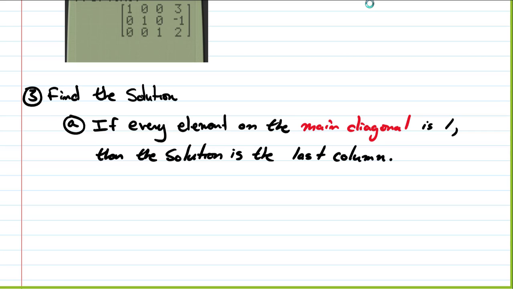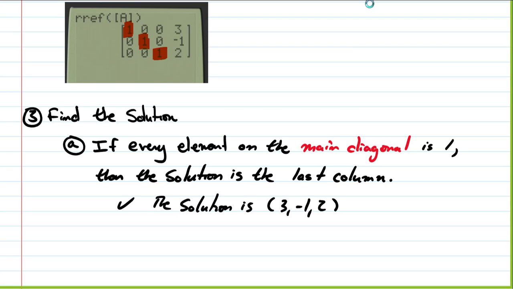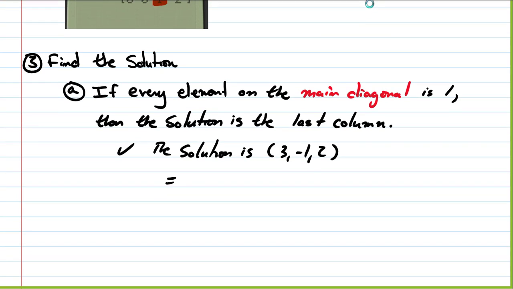So we look at our main diagonal for this, 1, 1, 2, 2, 3, 3. So in our case, that's true. So the solution is 3, negative 1, 2. That is x equals 3, y equals negative 1, and z is 2.